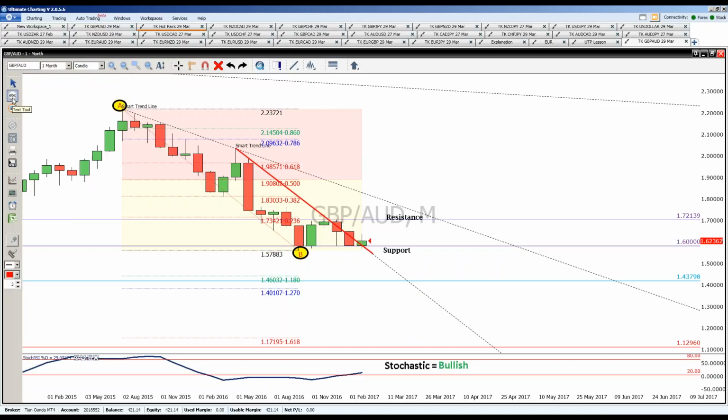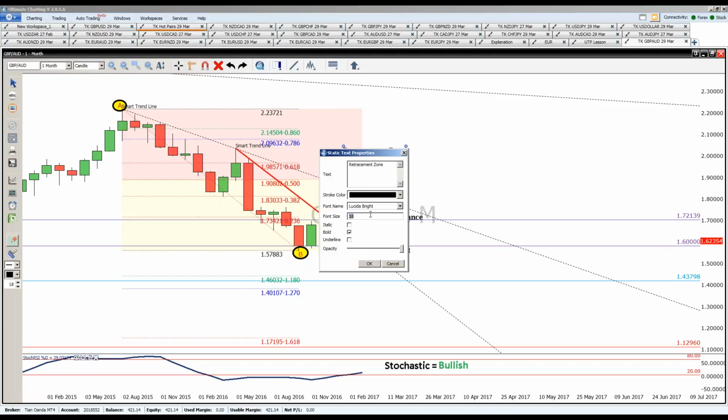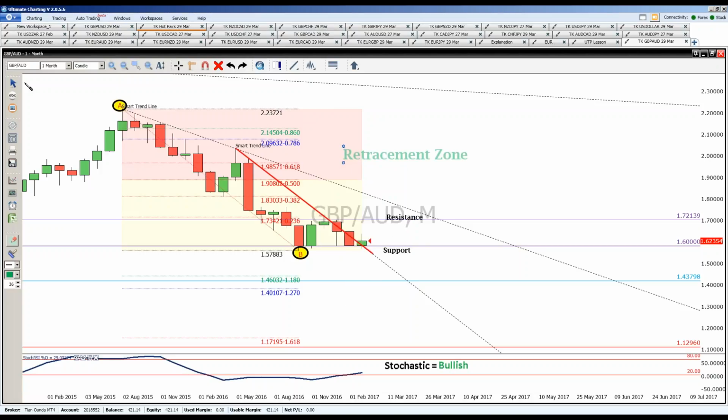No. So therefore, we are faced with a retracement zone. Does that make sense now?